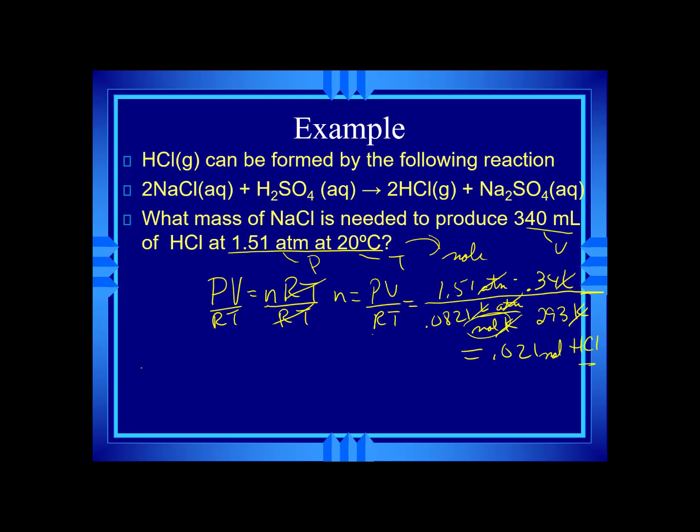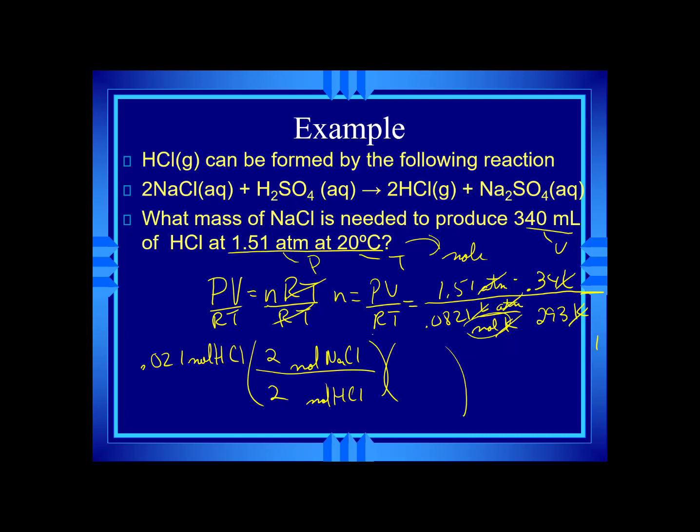And now that I've got 0.021 moles of HCl, I'm ready to do stoichiometry. So I'm going to get rid of moles of HCl and turn that into moles of what they asked for. And that was 2 and 2. And then, I ran out of room, so let me erase that last answer.